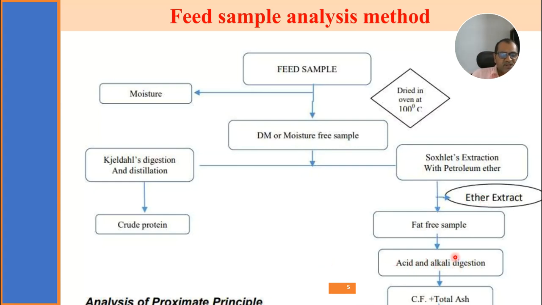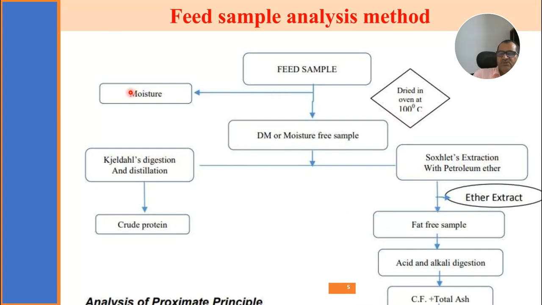Then, acid and alkali digestion: the fat-free sample is subjected to acid and alkali digestion, then the crude fiber or total ash will be determined. So this is the flow chart in a simple form.